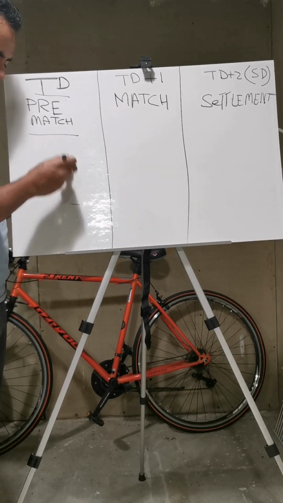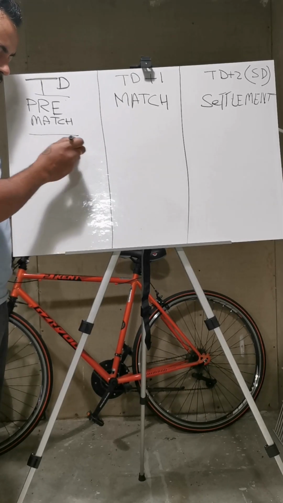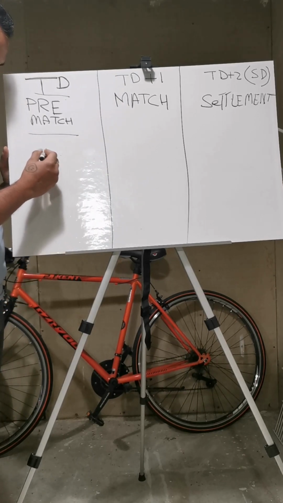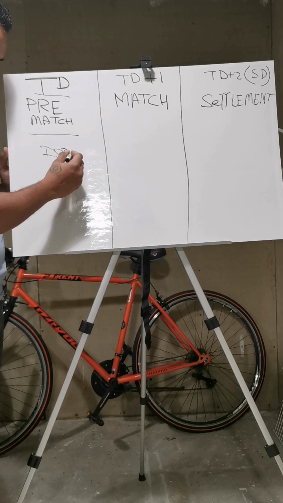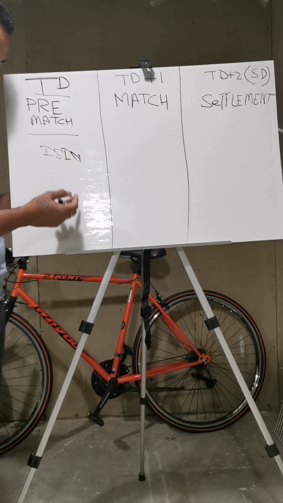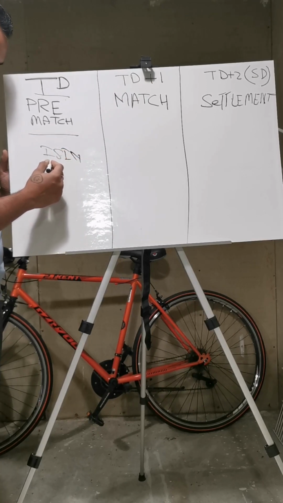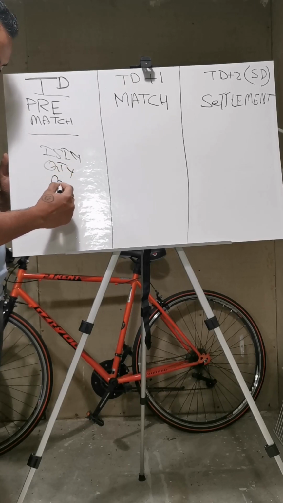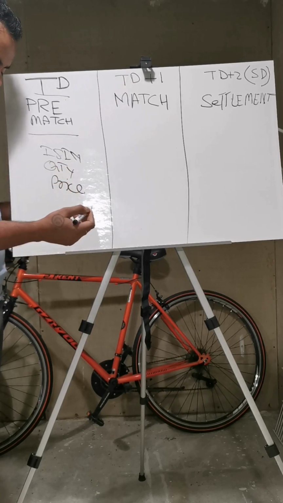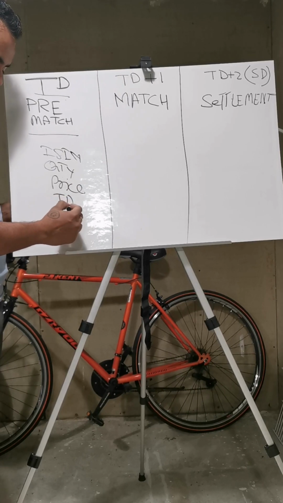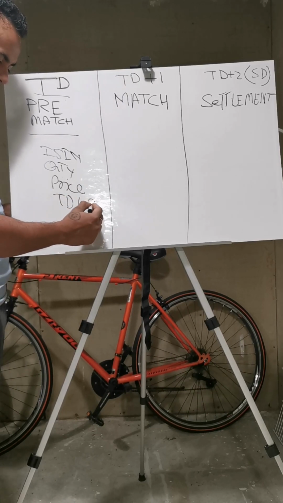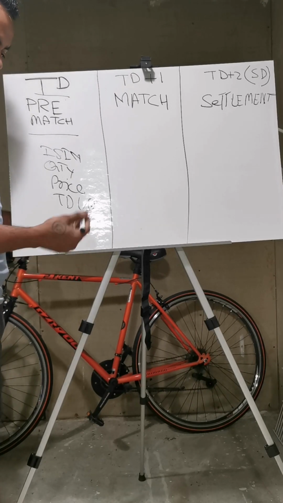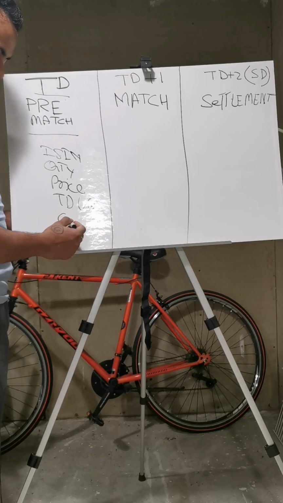Normally the pre-matching job is to confirm the economic details, like the ISIN on that trade, the quantity, the price, the trade date, the value date, and if it is fixed income, then you need to check the commission.